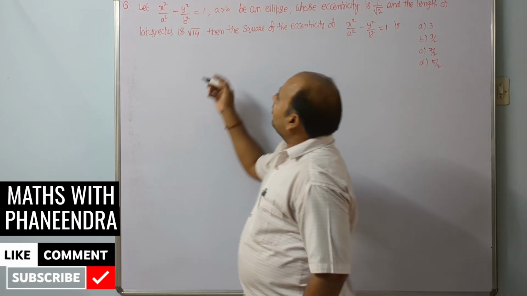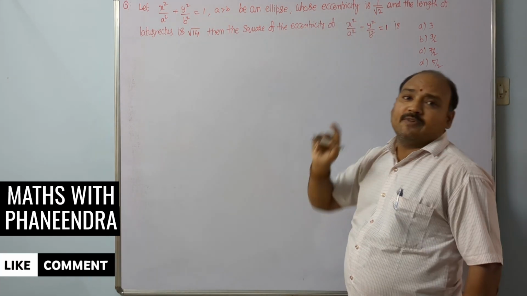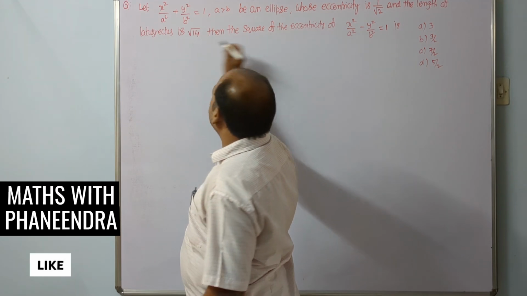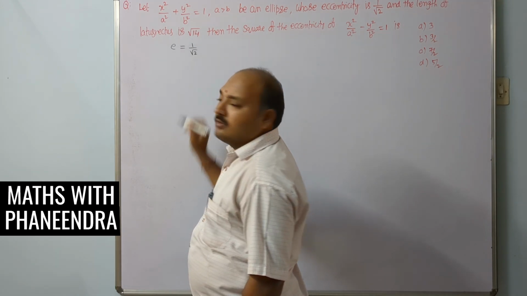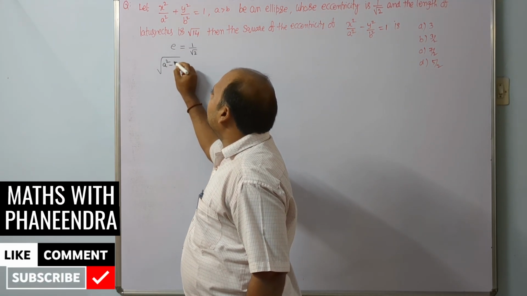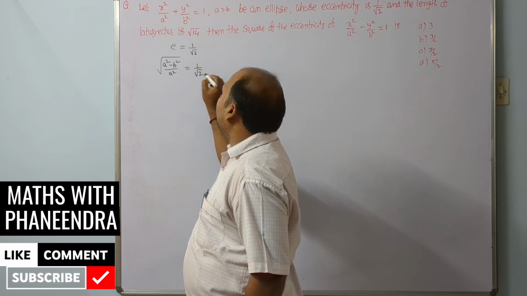First, for this ellipse, the eccentricity value is given. a is greater than b means the standard equation of the ellipse. So eccentricity e is equal to 1 by root 2, given. What is the formula for eccentricity? Root of (a square minus b square) by a square equal to 1 by root 2.